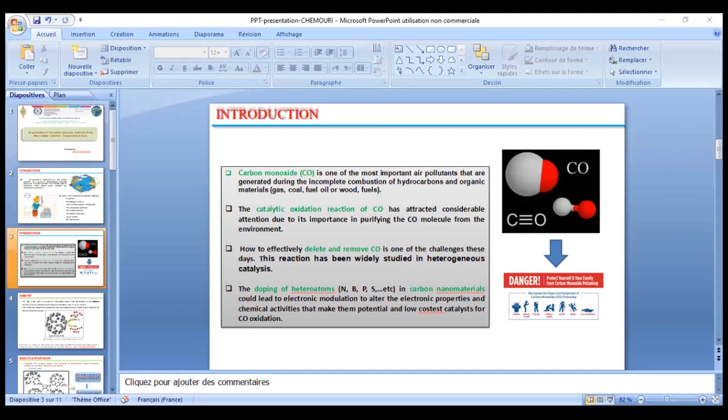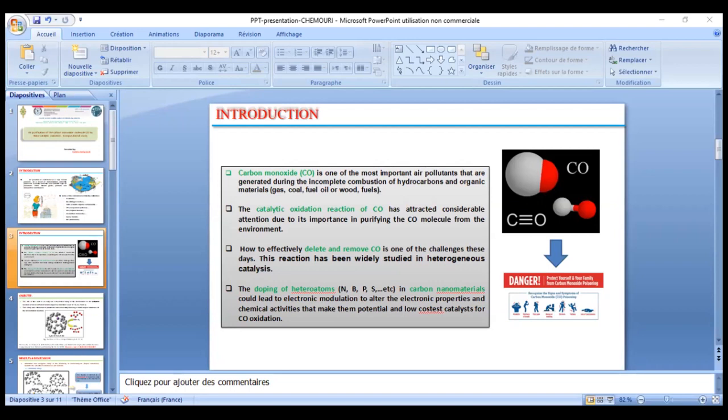So the aim of our work is to perform a theoretical study of the mechanism of the oxidation reaction of CO on different heterodoped fullerenes. This study was conducted to predict the best nanocatalyst among 4 nanofullerenes.